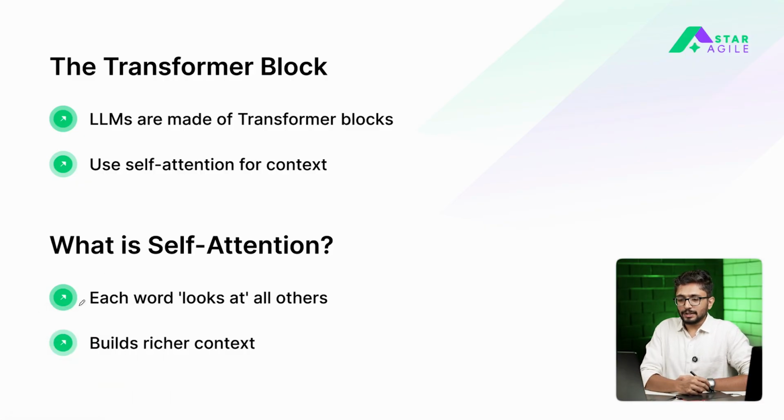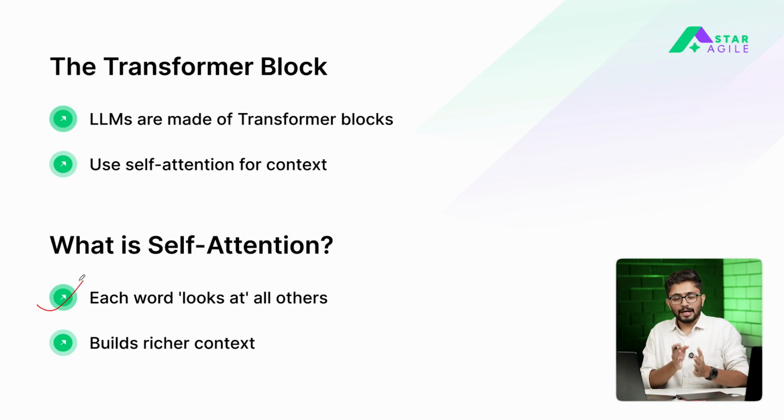Self-attention means that in a particular sentence, each word is going to look at all the other words in the same sentence and try to see for that particular word which other word has the most importance or most relevance, right?